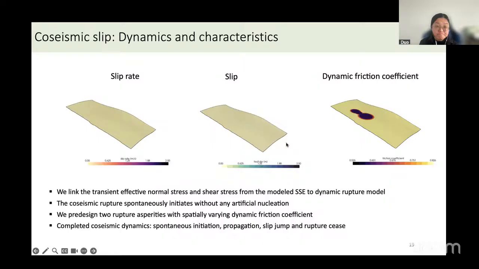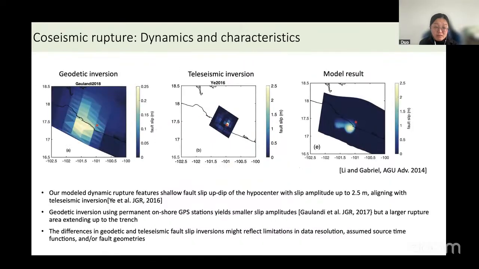However, for this earthquake, this area doesn't have good station coverage on the surface, so we don't have a really good observation or inversion to constrain the source model of the earthquake. So we put the source models of two studies, with either geodetic inversion or teleseismic inversion.